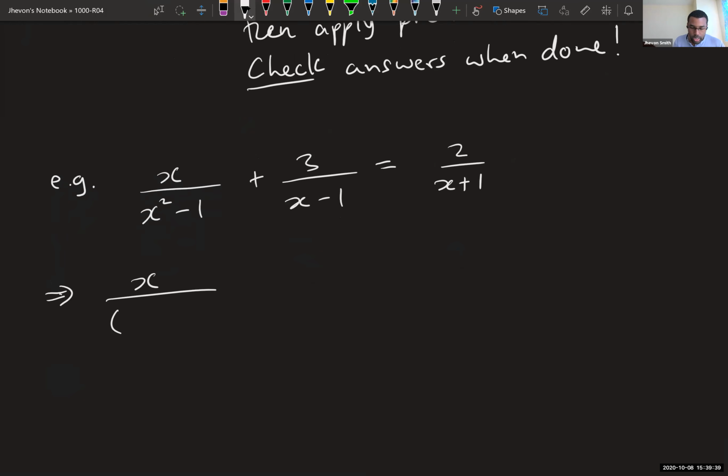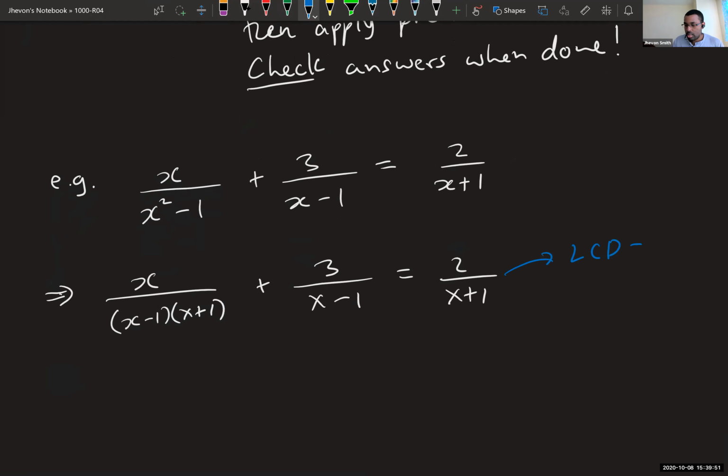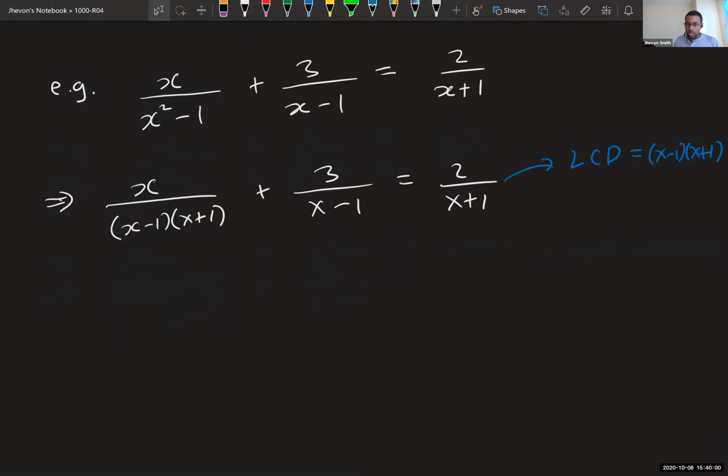So here you have x minus 1 times x plus 1, which means at this point, you can tell what the LCD is. And then you multiply both sides by the LCD. Let me show you what that would look like.